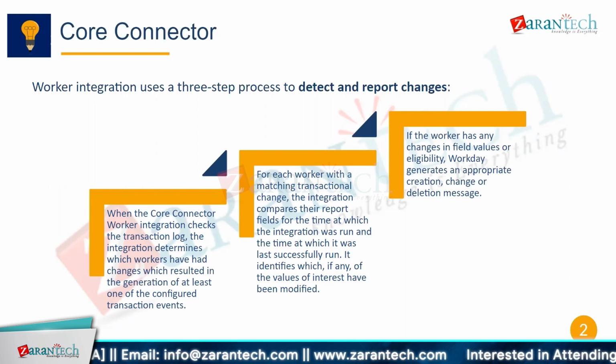It identifies which, if any, of the values of interest have been modified. So if the worker has any changes in field values or eligibility criteria, Workday generates an appropriate creation, change, or deletion message.